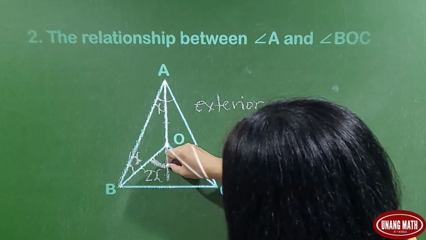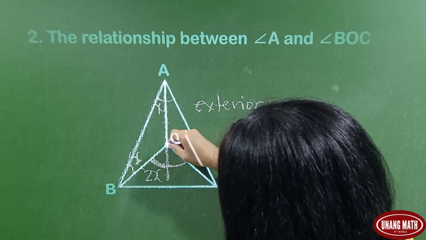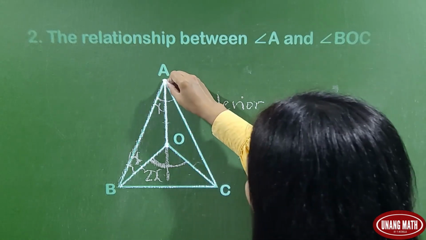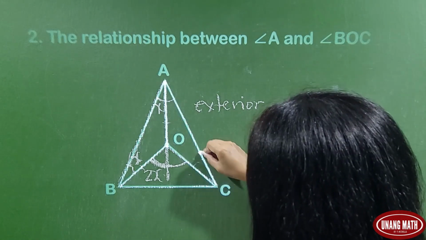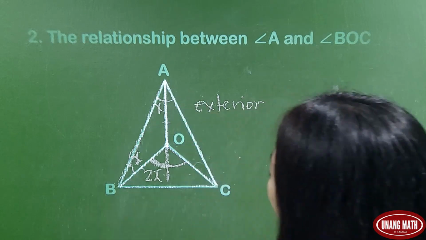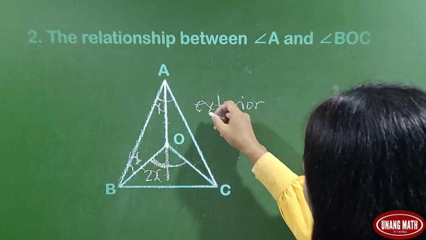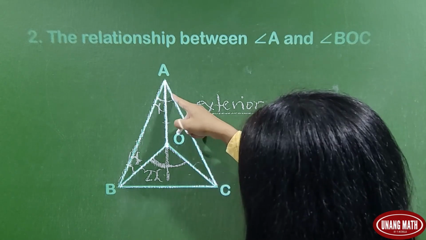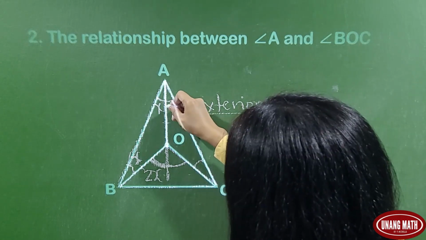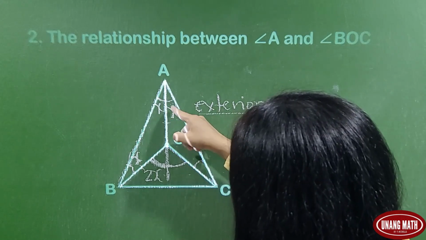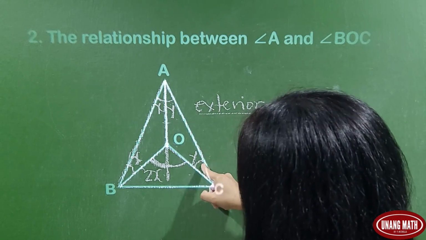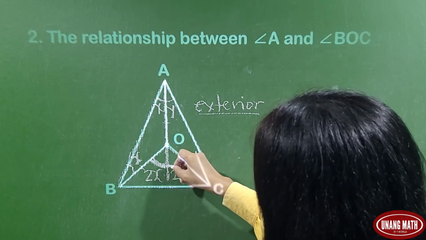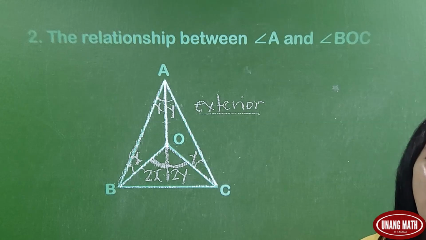What about this angle? This angle is the exterior angle of triangle COA. Again, an exterior angle is the sum of the two non-adjacent angles. Let's say this is angle Y, and this is also angle Y. Y plus y is going to be 2y, so this angle is 2y.